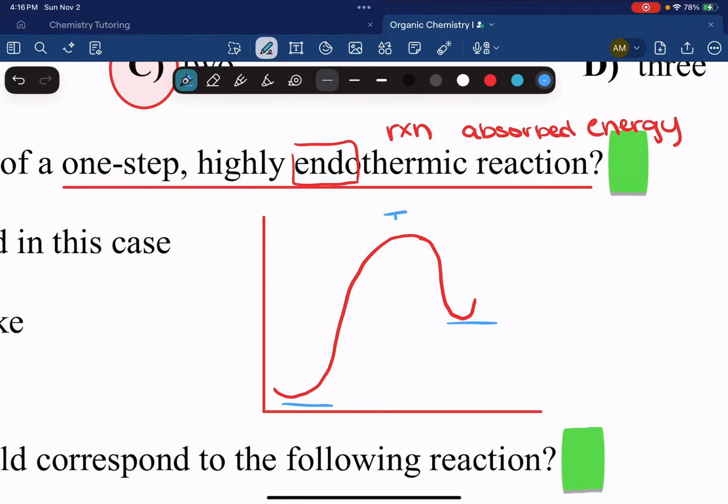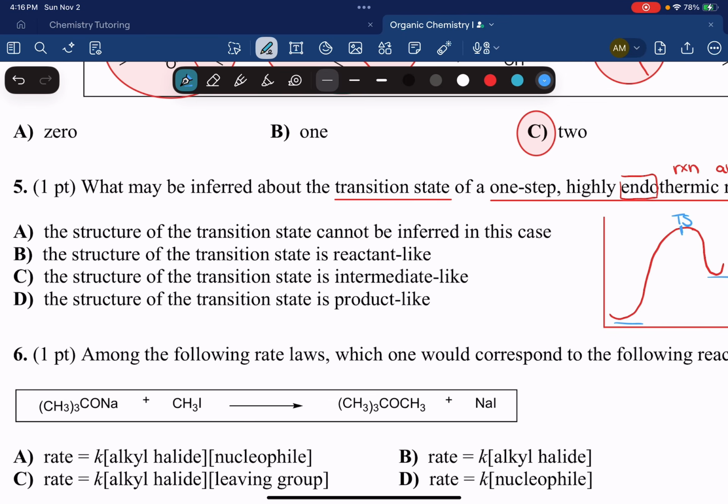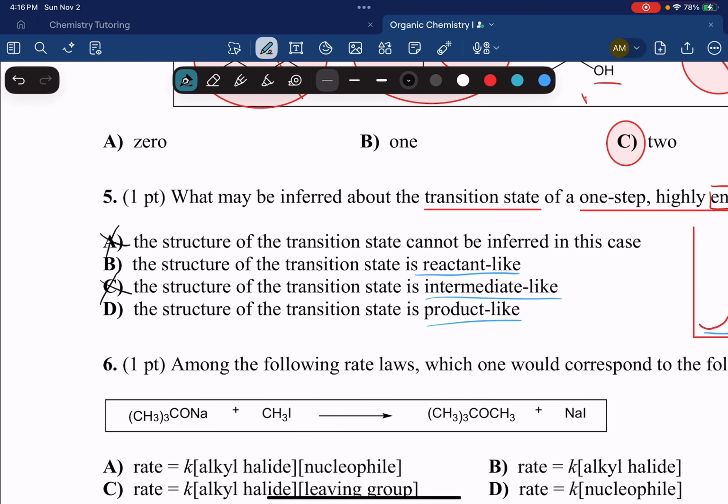So if this is the transition state, it's asking, is it reactant-like, product-like, intermediate-like? Intermediate-like doesn't even make sense, because the intermediate is like the in-between, the halfway. Can't be inferred? You can. I'm telling you right now, you can infer based on this.